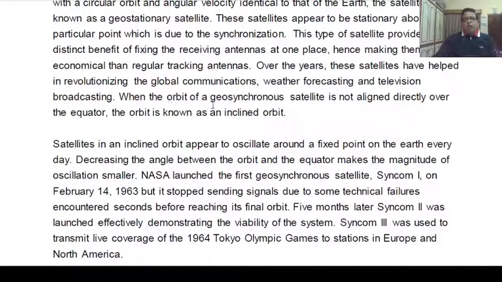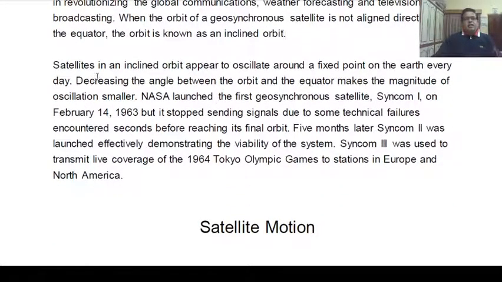When the orbit of a geosynchronous satellite is not aligned directly over the equator, the orbit is known as an inclined orbit.